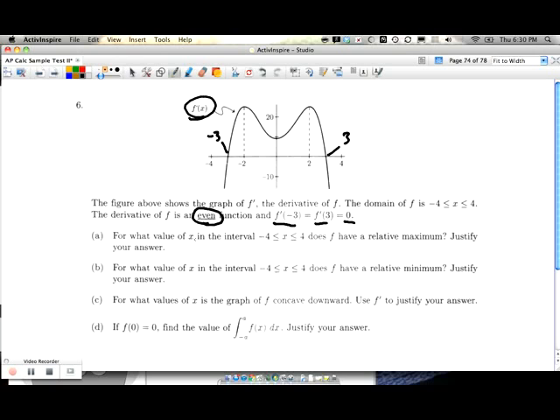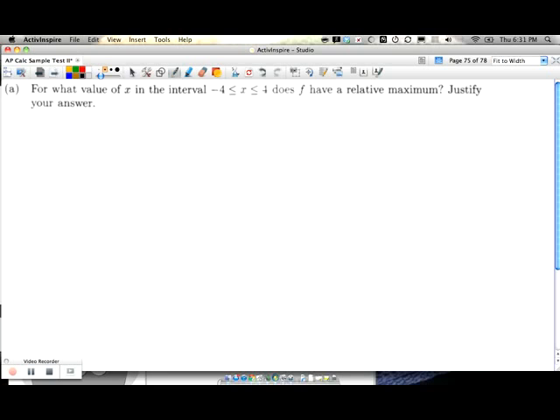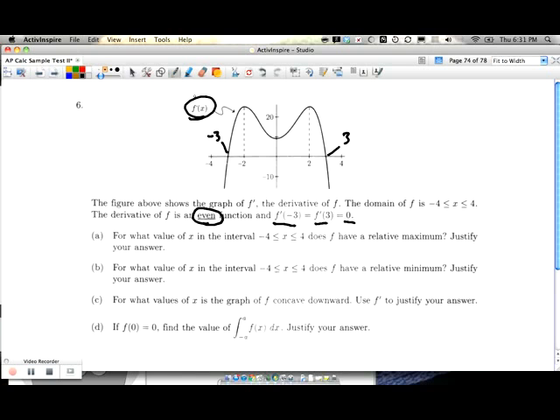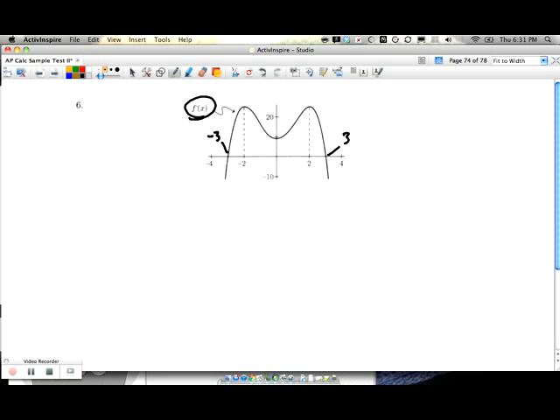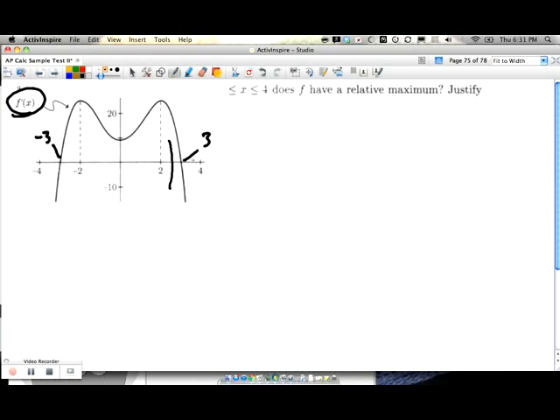First, maybe we should take a picture of this graph. Oops, take that piece down. Move this down a little bit. For what value of x does it have a relative maximum? That's very key to know.